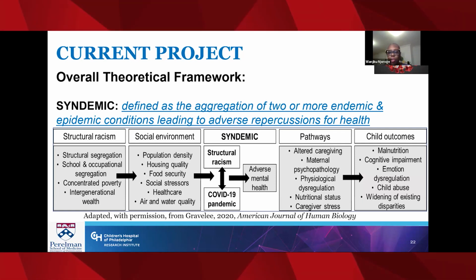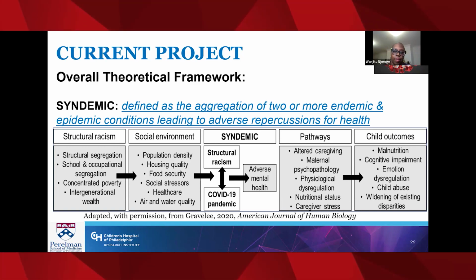Now, the syndemic framework is one that is probably familiar to many of you, particularly those of you who've done any reading or understanding of HIV research, which is really where this was first created back in the 80s. What's important when we're thinking about a syndemic is its definition: an aggregation of two or more endemic and epidemic conditions.